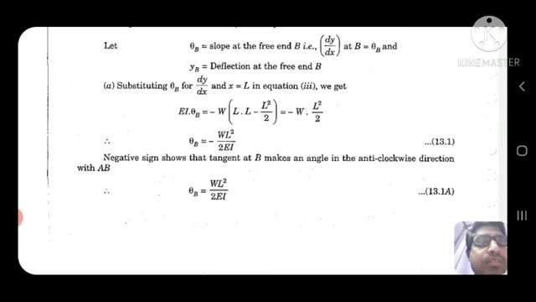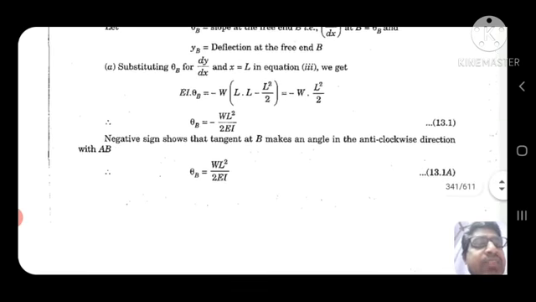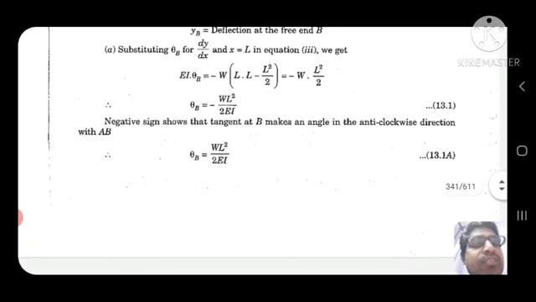Therefore, theta B equal to minus W L square by 2 EI. The negative sign shows that the tangent at B makes an angle in the anticlockwise direction with AB.